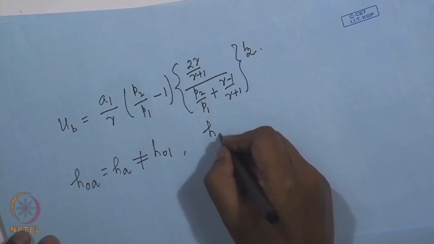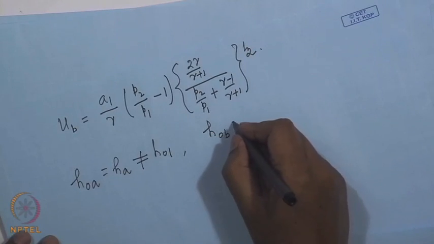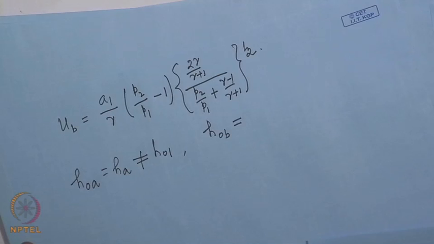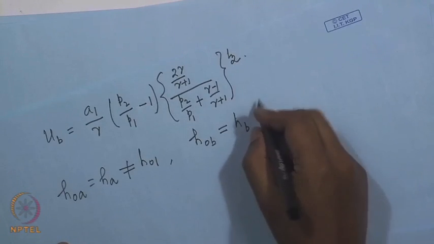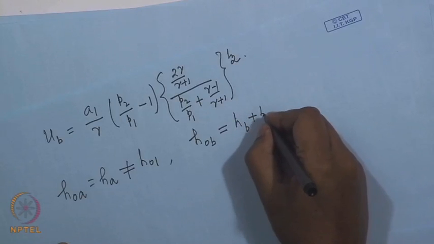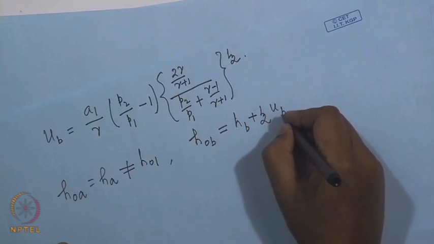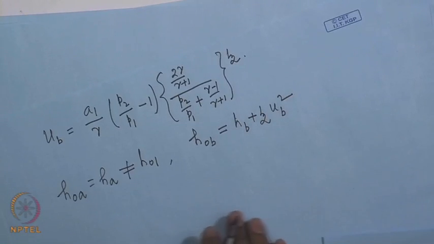H 0 B, that is the stagnation enthalpy in region B, is simply the static enthalpy at region B plus the kinetic energy of the fluid in region B, that is half u b square.